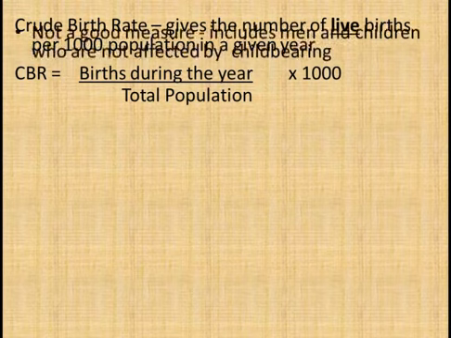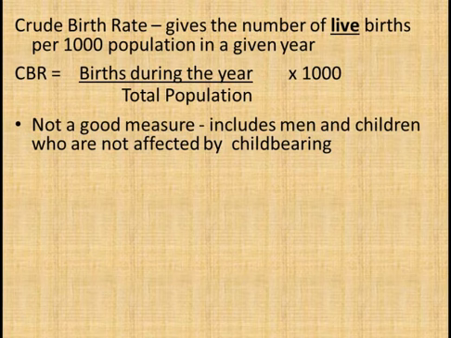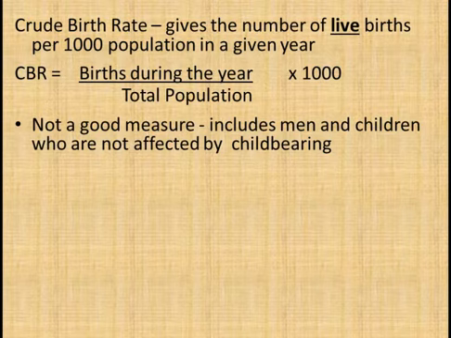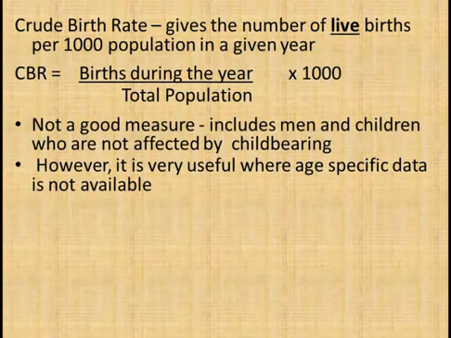However, the crude birth rate is not a good measure of natality because it includes men and children who are not affected by the process of childbearing. However, the crude birth rate is very useful where age-specific data is not available.